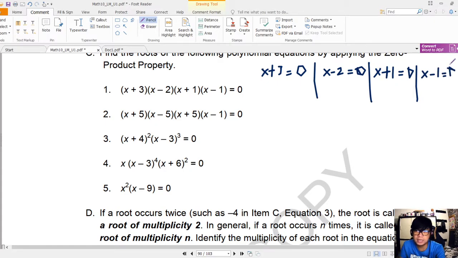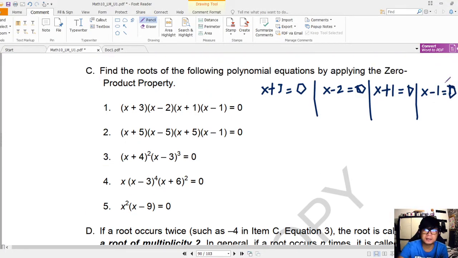So, yan yung sinasabi na applying the zero property, or the zero product property. Yan. So, the first real root natin dito is x is equal to negative 3. So, real root natin yan. x is equal to 2. x is equal to negative 1.